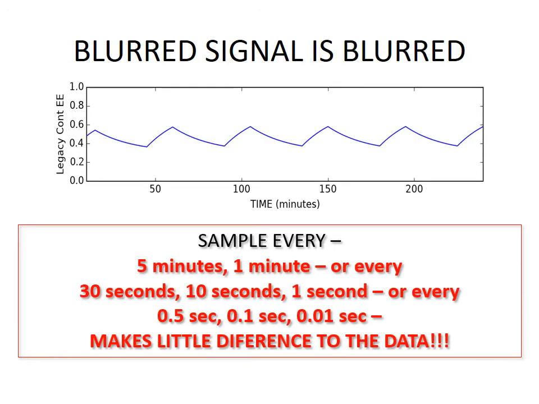In other words, you could sample it every 5 minutes or every 1 minute, or even every 30 seconds or 1 second, or 1/100th of a second, and it wouldn't make any real difference to the waveform that you're looking at right now. So this waveform could come from a continuous legacy system.